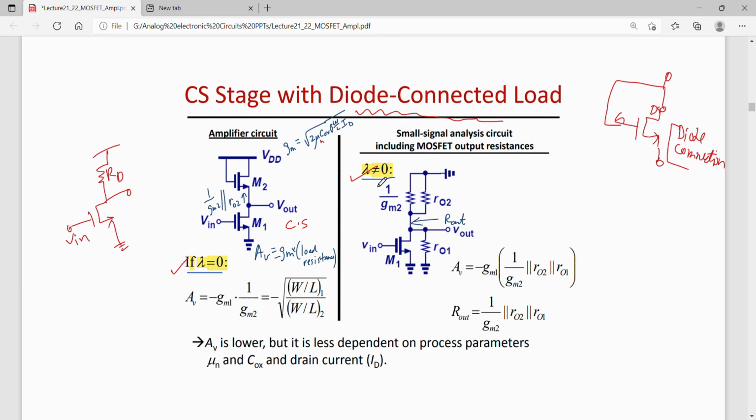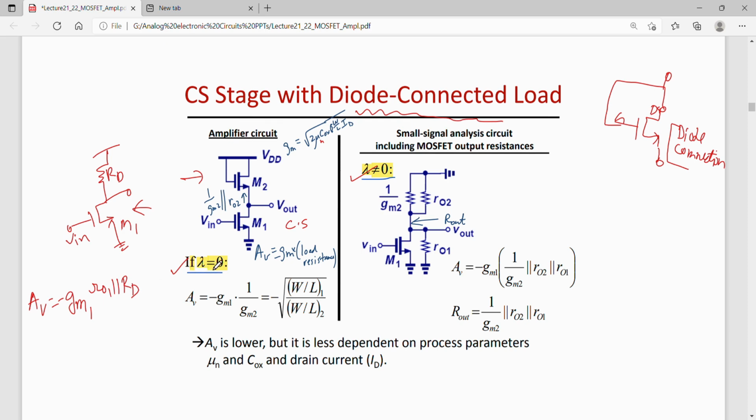Without channel length modulation, the gain of this circuit is again minus gm RD parallel to ro. This is the M1 transistor, common source, so gm1 times ro1 parallel to RD.